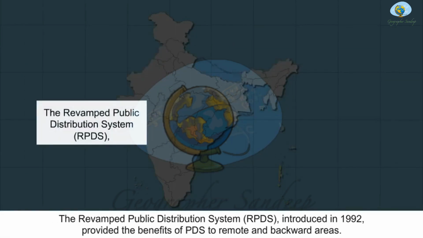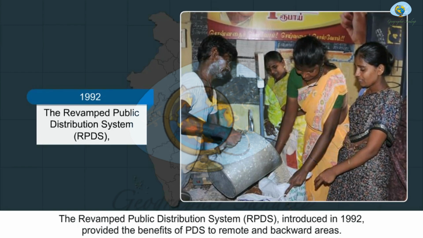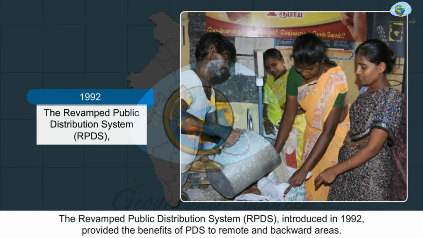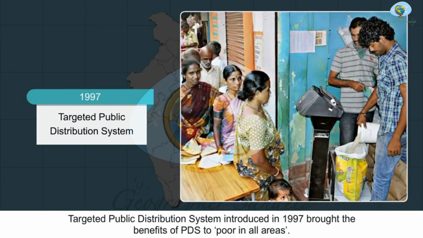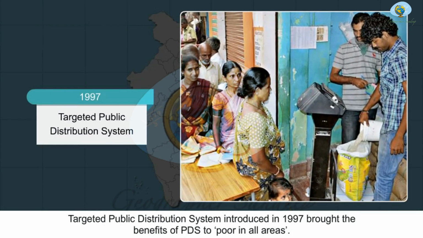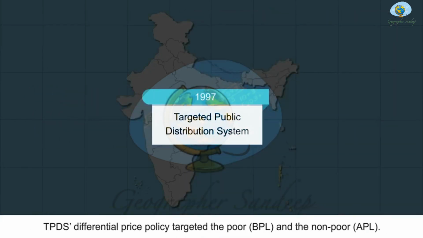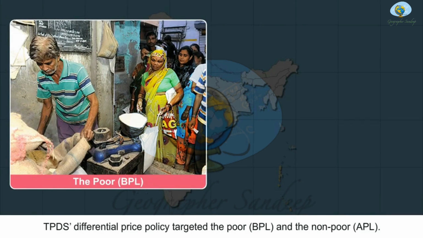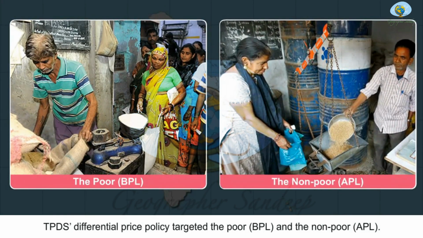The revamped public distribution system (RPDS) introduced in 1992 provided the benefits of PDS to remote and backward areas. Targeted public distribution system introduced in 1997 brought the benefits of PDS to the poor in all areas. TPDS differential price policy targeted the poor (BPL) and the non-poor (APL).